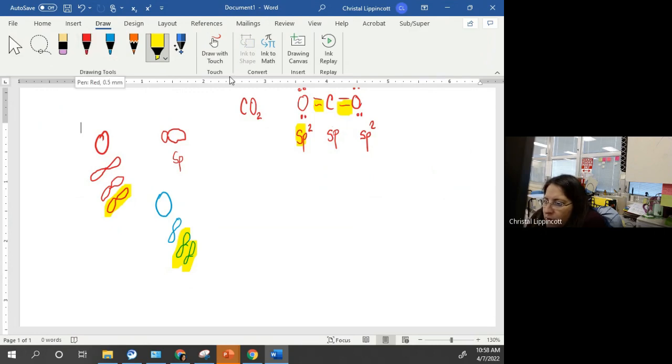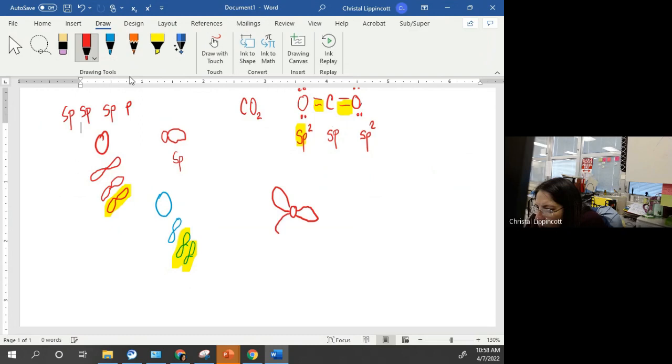All right, I'm going to draw this oxygen here. This oxygen would have three sp orbitals, because you're going to have three come out of here. So you're going to have an sp, an sp, an sp, and a p. Those are going to be your four orbitals coming out of this oxygen. One sp orbital comes out this way, one this way, and one this way. These two are going to have your lone pairs of electrons in them.